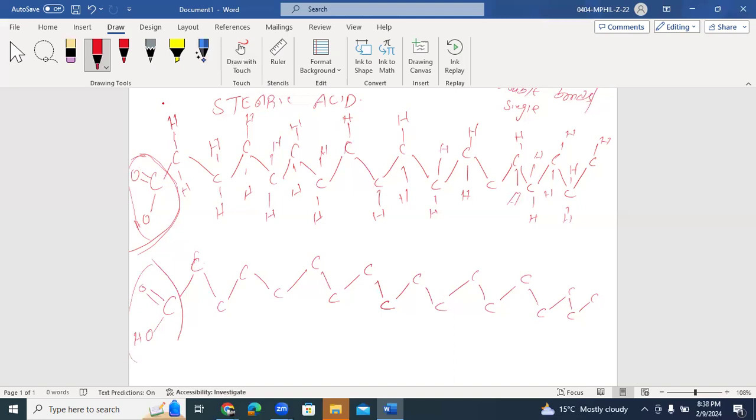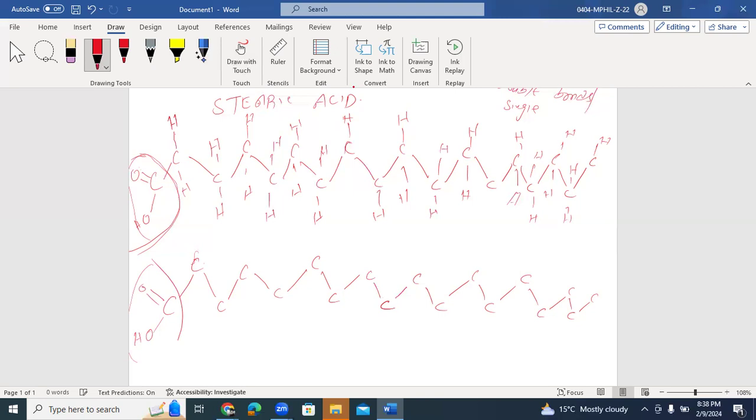We need to understand here: 1, 2, 3, 4, 5, 6, 7, 8, 9. Again, 1, 2, 3, 4, 5, 6, 7, 8, 9. So this is the point where you would have a double bond.